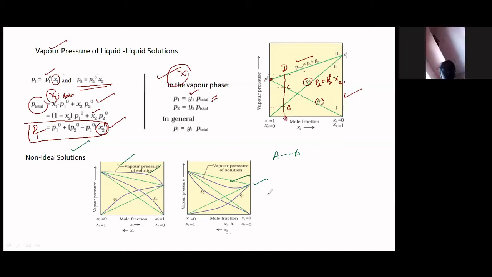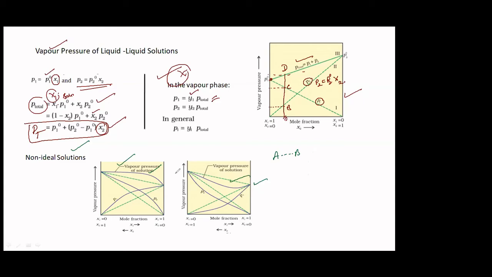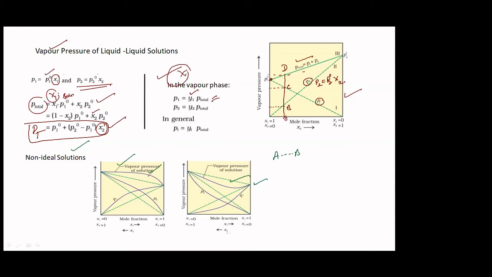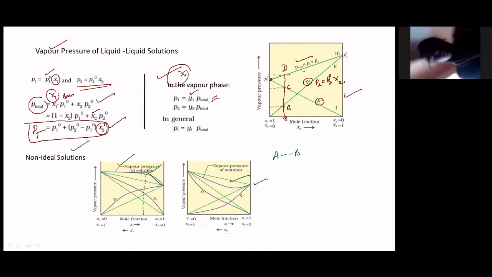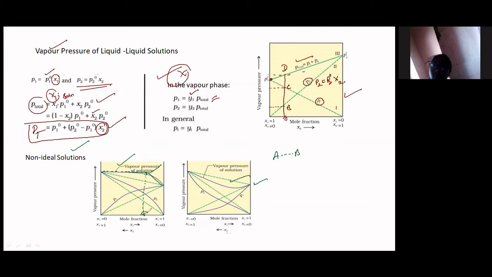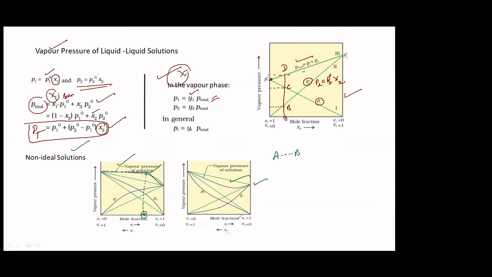Okay? Now for those liquid mixtures, not for all of them, which show positive deviation, you will see in the graph there is a maximum. Sometimes you will see that maximum, supposing the graph is like this. This maximum corresponds to the maximum vapor pressure, and for this composition it will form an azeotropic mixture.